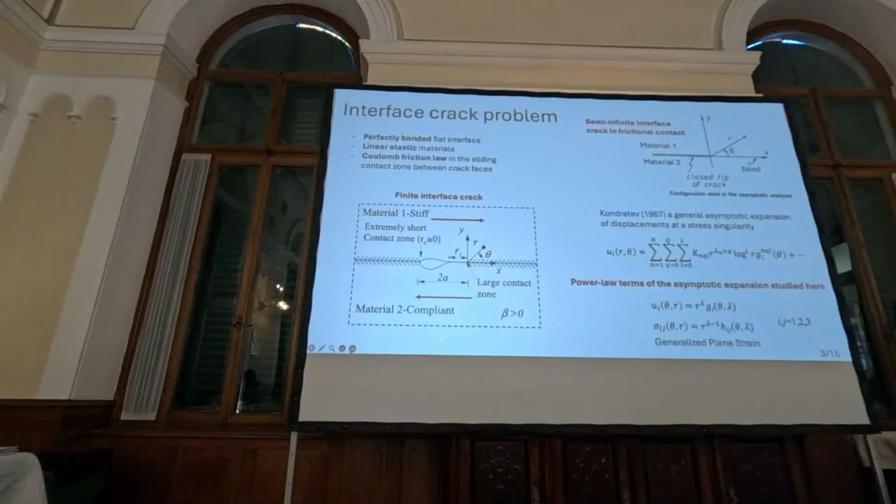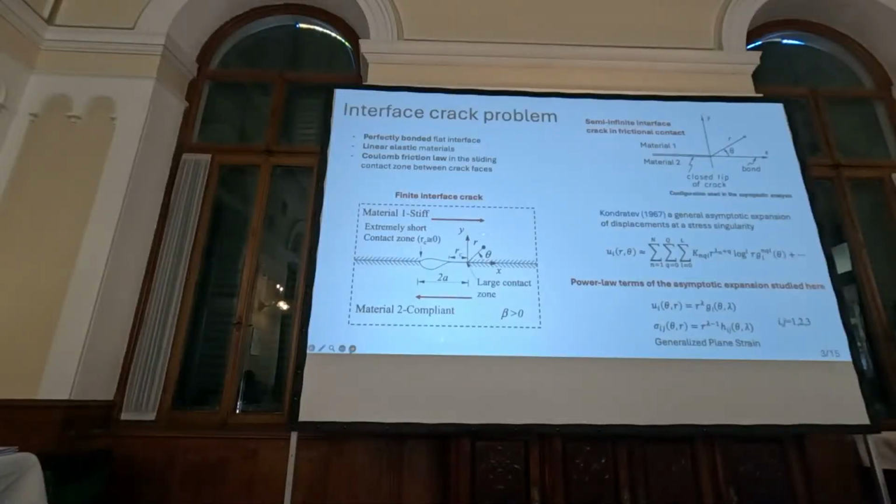We are considering a perfectly bonded flat interface where there is a crack, but otherwise the interface is perfectly bonded. We consider linear elastic materials as adherents. We consider a Coulomb friction law in sliding with a uniform friction coefficient.